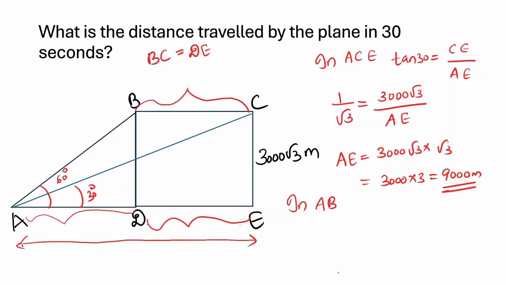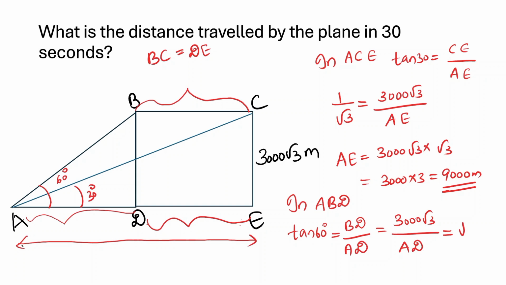In triangle ABD, which angle is given? 60 degrees. So tan 60 equals opposite side BD over AD, and that is 3000 root 3 divided by AD. Tan 60 is root 3, so AD will be 3000 root 3 divided by root 3, 3000 meters.